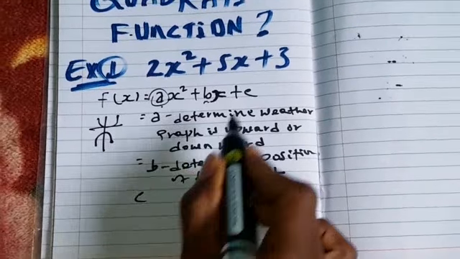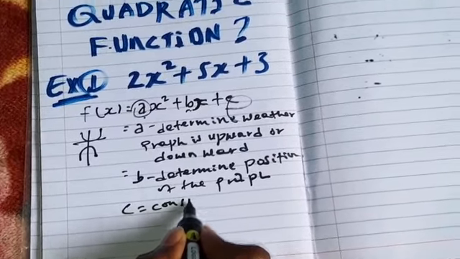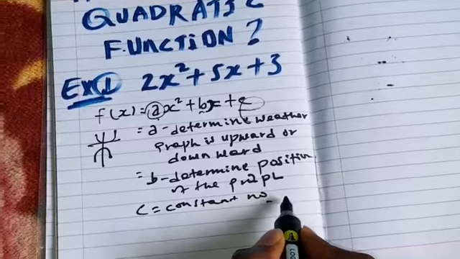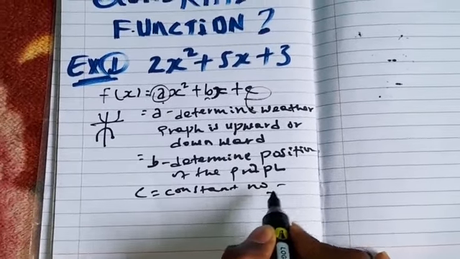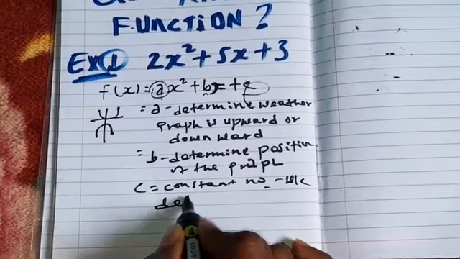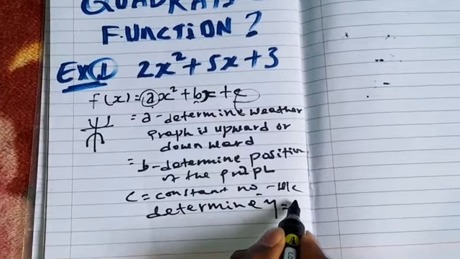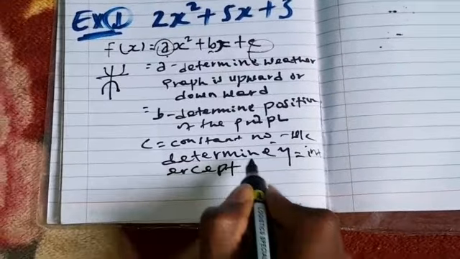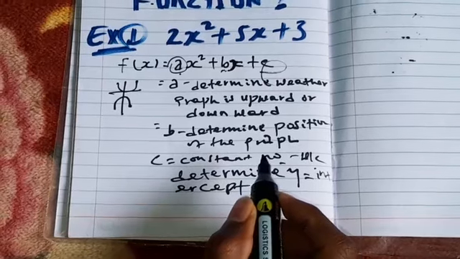This c is a constant number, which determines the y-intercept. You must have this concept before doing anything.